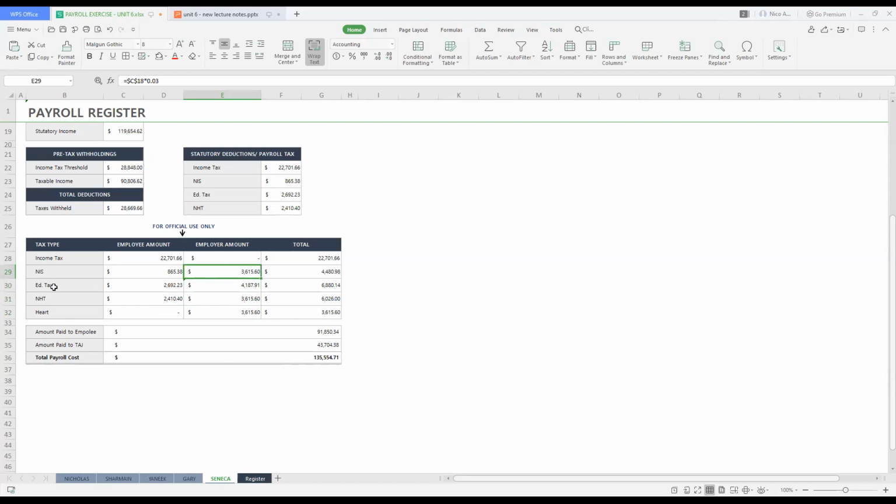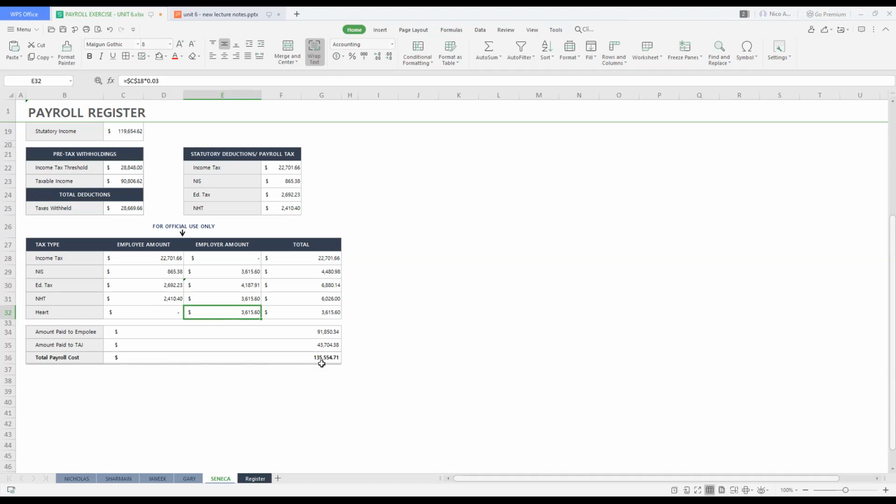NIS is 3%, education tax is 3.5%, NHT is 3%, and HART is 3%. And that is of the employees' gross pay.